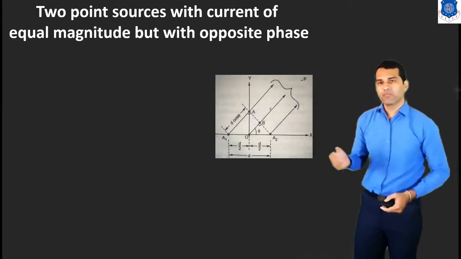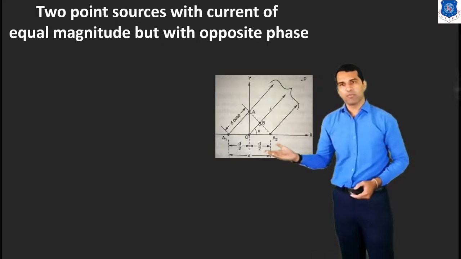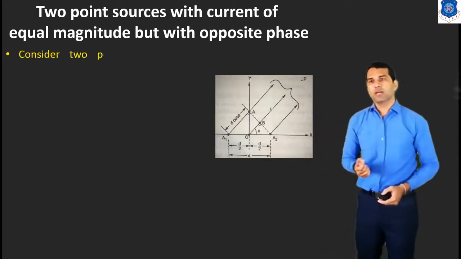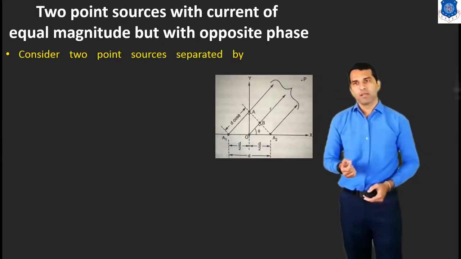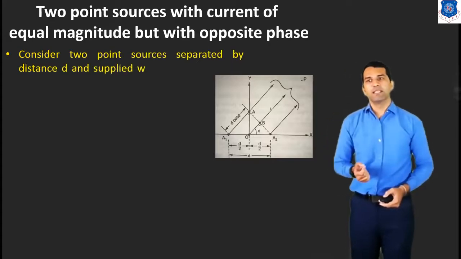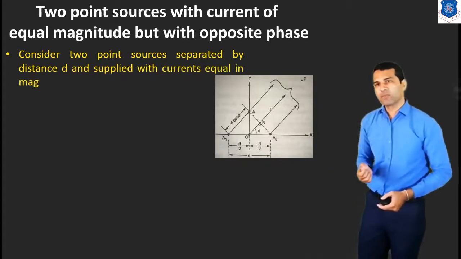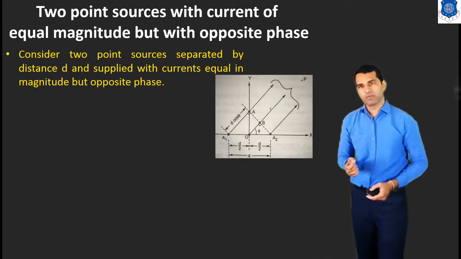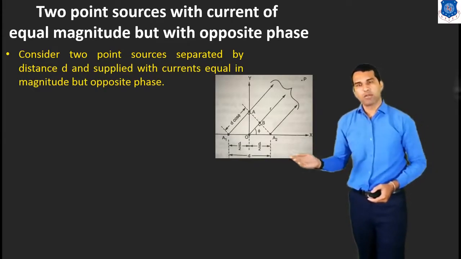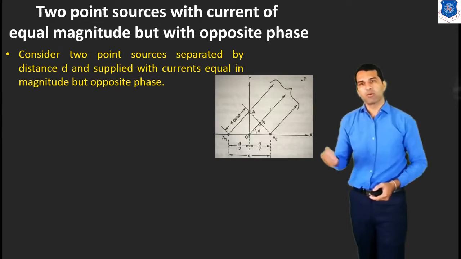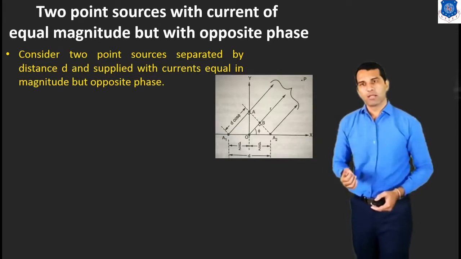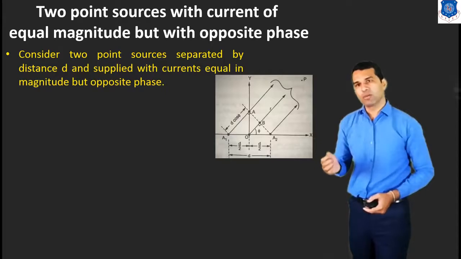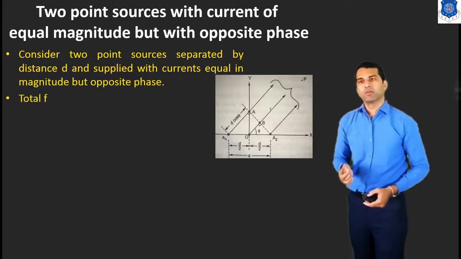So the assumption is the same. Consider 2-point source separated by the distance d and supplied with current equal in magnitude but opposite phase. A1 and A2 are the 2-point sources, and we give the supply, but the current is equal in magnitude but the phase is not the same.